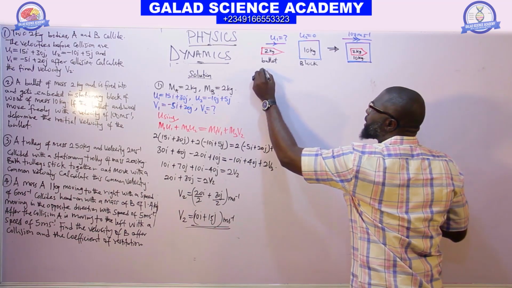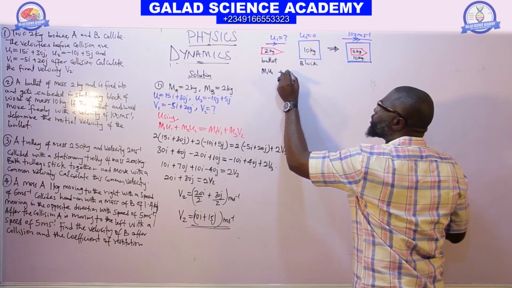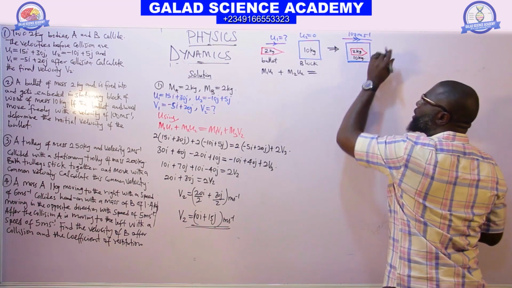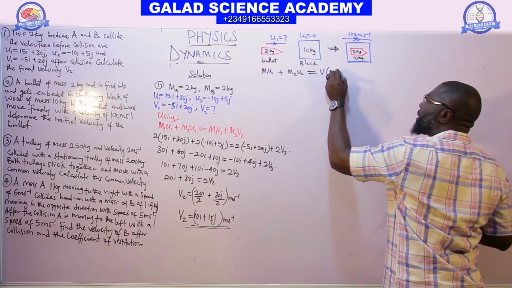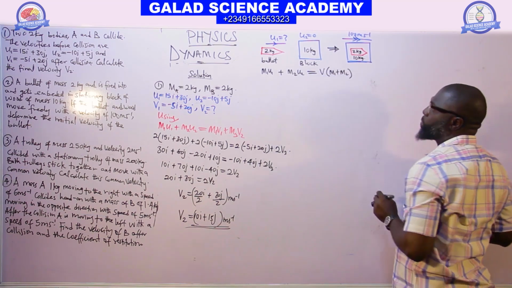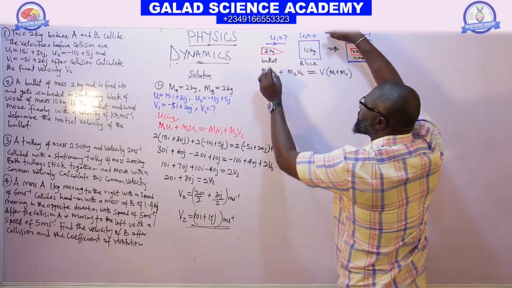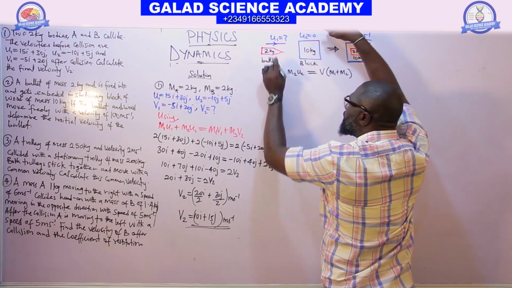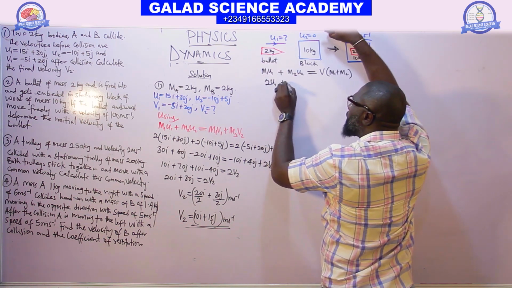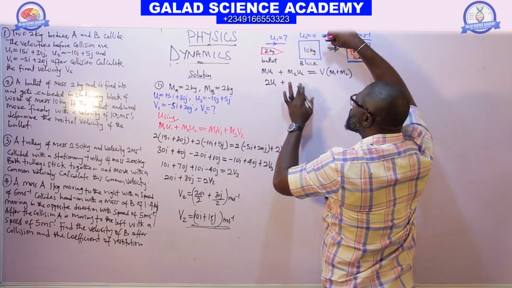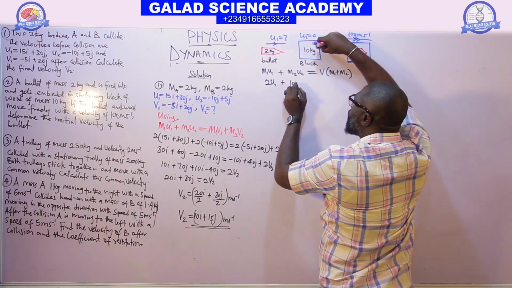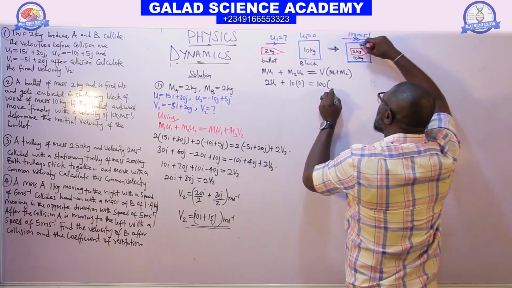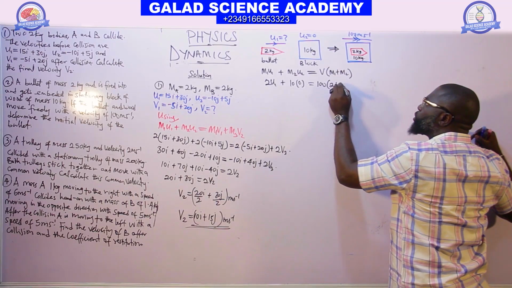Now what are we using? m1u1 plus m2u2 should be equal to the common velocity times m1 plus m2. Our m1 is 2, the speed u1 is unknown. Here we have m2, which is 10 kg. u2 is 0. The speed here is 100. The mass is 2 plus 10.